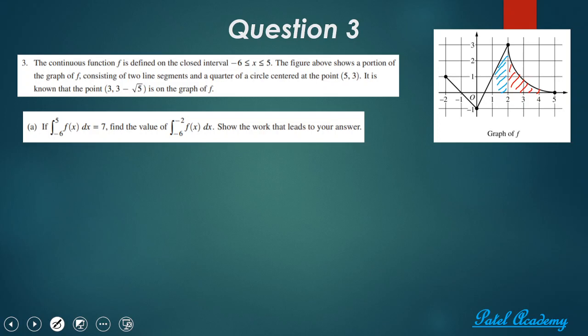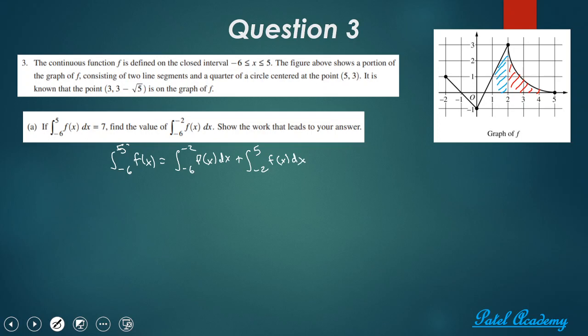We're given that that's 7, and then we're trying to find the integral from negative 6 to negative 2. Already, what can I judge? Well, the integral from negative 6 to positive 5 of f at x is equal to, we can split the integral up, from -6 to -2 of f at x dx plus the integral from -2 to 5 of f at x dx.